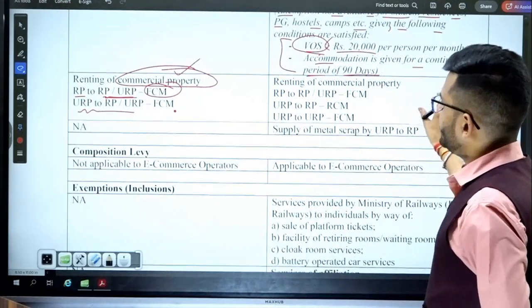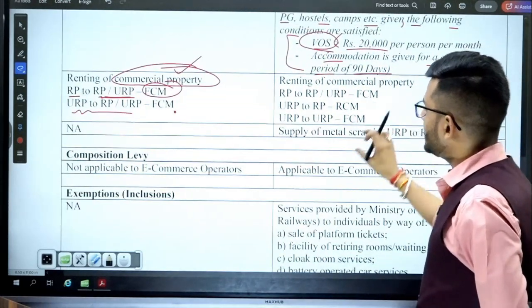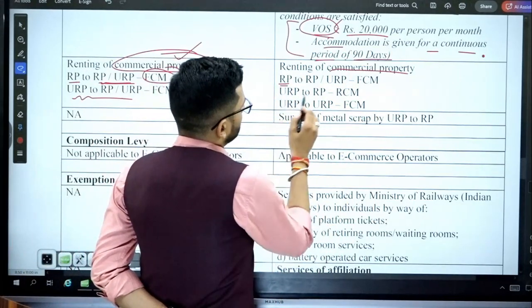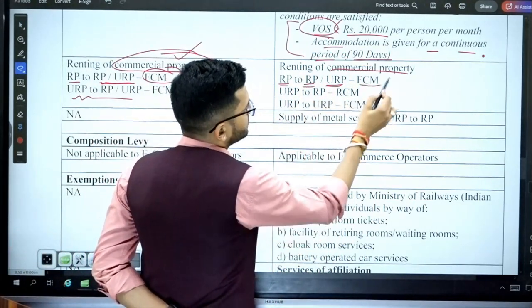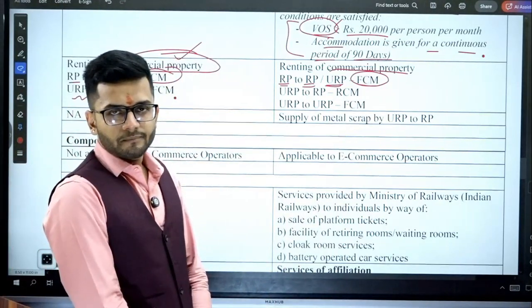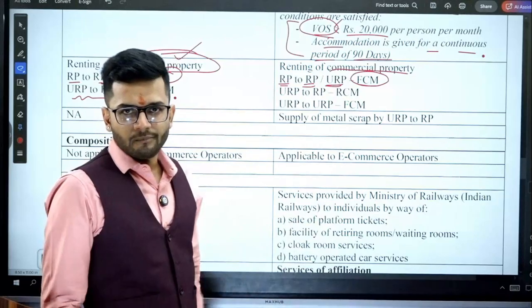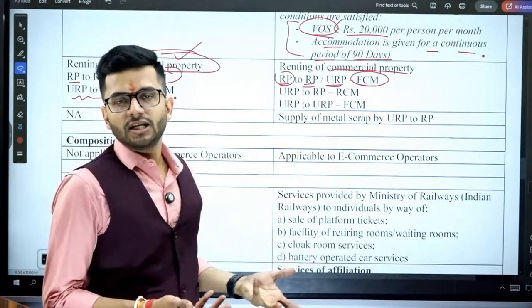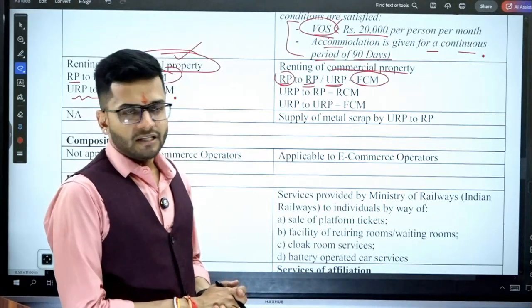Okay, now what is the latest amendment? It says that if the commercial property is being rented from a registered person to a related or unrelated person, then of course under FCM GST is liable to be paid, right? That is a very valid thing, because the supplier is a registered person, so he should be liable to pay GST.